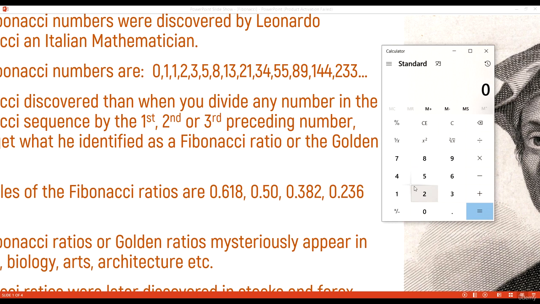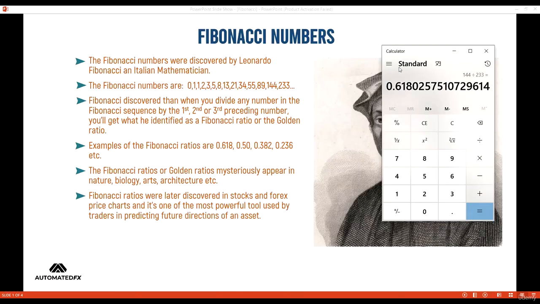Now when we divide 89 divided by 144, what do we get? 0.618, right? Good. When we divide 144 divided by 233, what do we get? 0.618. So this is one of the Fibonacci ratios. What if we divide 13 by 34 instead of 21?